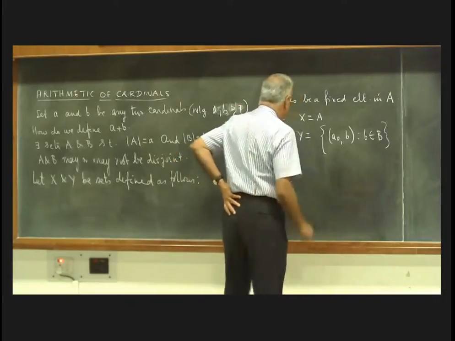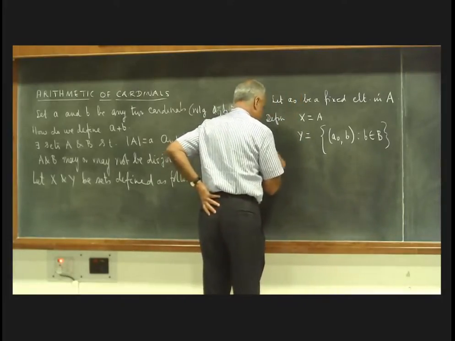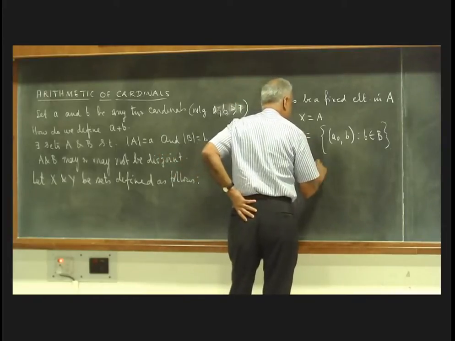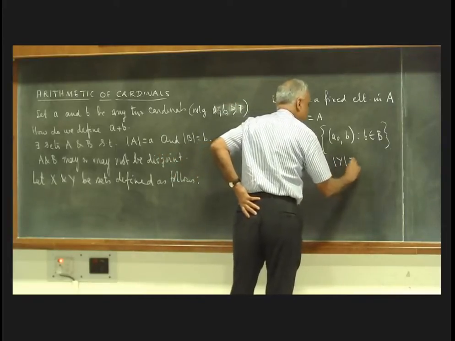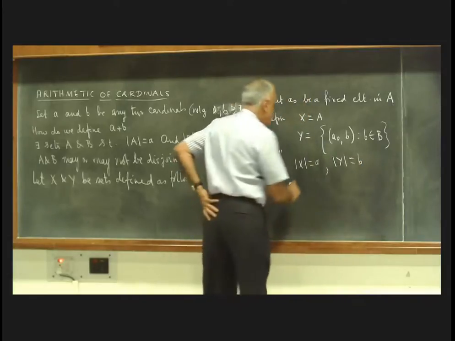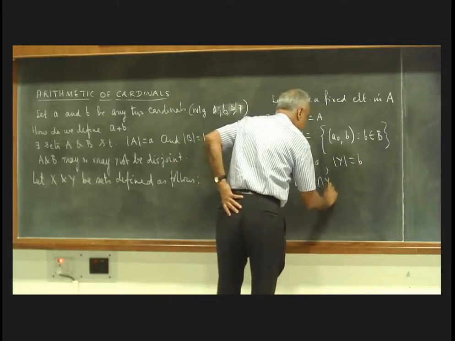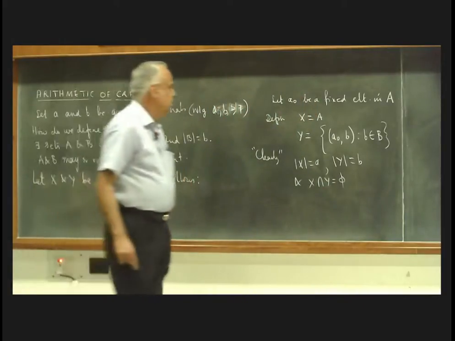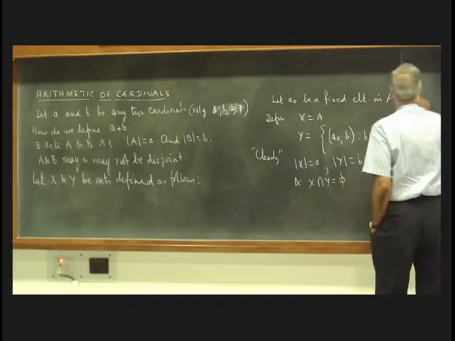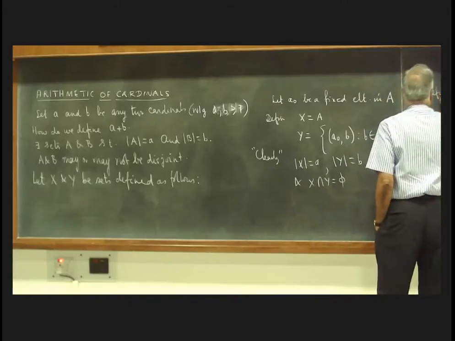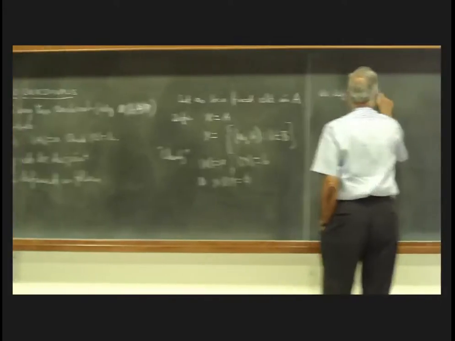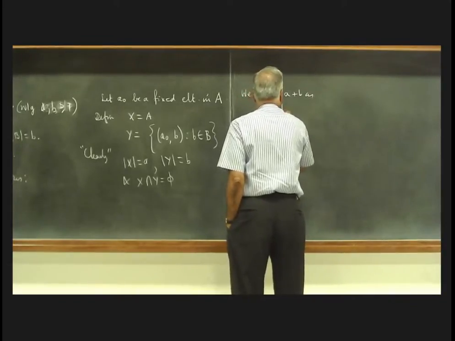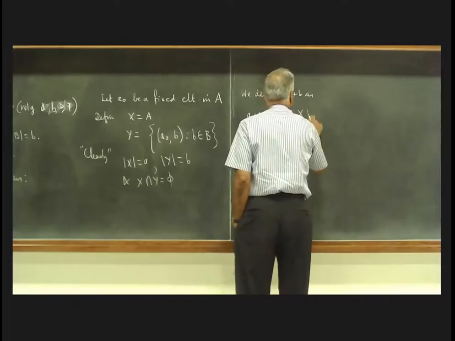Okay, then clearly the cardinality of X is A, the cardinality of Y is B, and X and Y are disjoint. We define A plus B as the cardinality of X union Y.